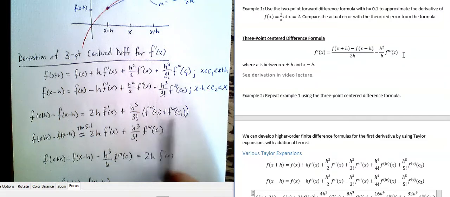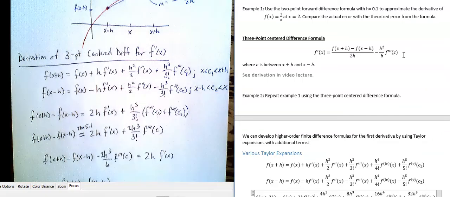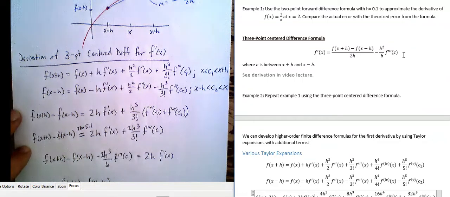So if we let h go to 0, these guys become arbitrarily close, so we can consider these as being the same value. So we'd actually have 2 of those and 2 of those. So when we divide by 2h, the 2's will cancel, and we'll be left with an h squared there.